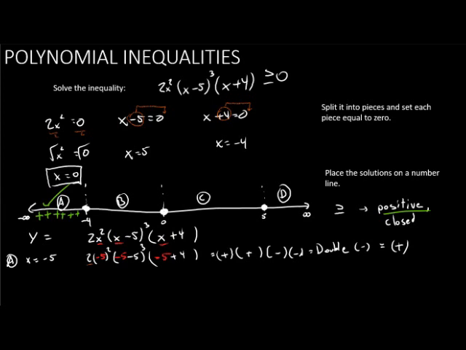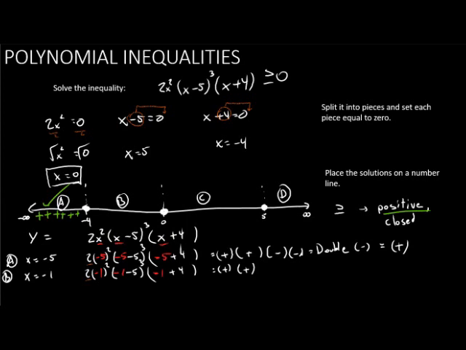Now we move on to region B. We'll pick an x that is in between negative 4 and 0, and I will choose negative 1. We'll make a copy of the polynomial, but now we replace all the x's with negative 1 instead of negative 5. Now we look to our signs again. We'll begin with the 2 in front, that's positive. Negative 1 squared would give us positive 1, that's positive. Negative 1 minus 5 gives negative 6.